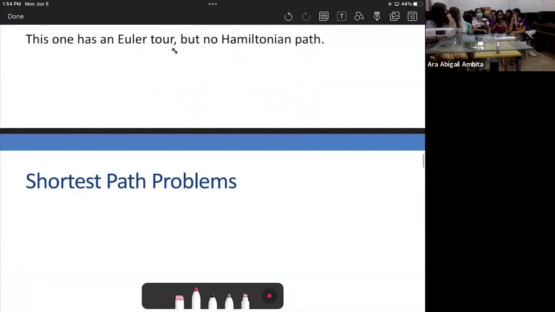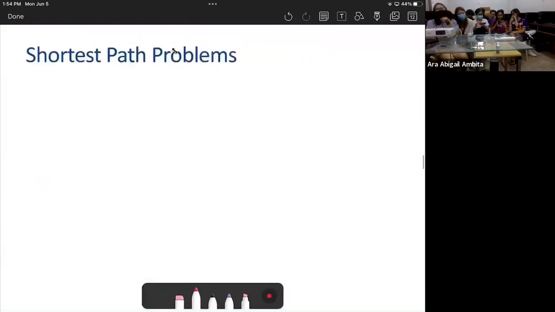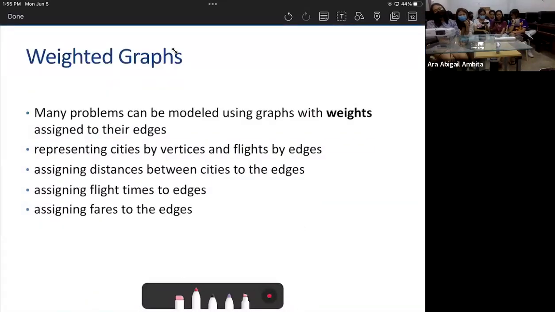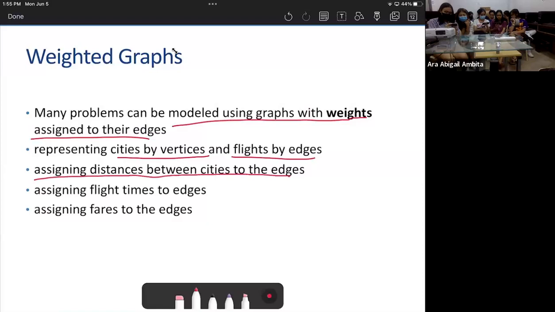Now, where are we? Shortest path. Don't joke. Anyway, the shortest path problem. Many problems can be modeled using graphs with weights assigned to their edges. We can represent cities by vertices and the flights by edges. And we can assign distances between cities to the edges, or we can assign flight times to edges, and then we can assign fares to edges.